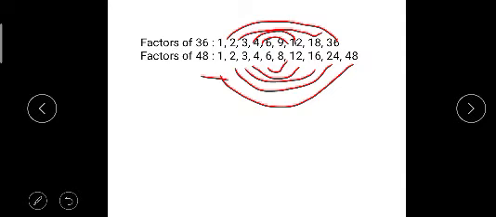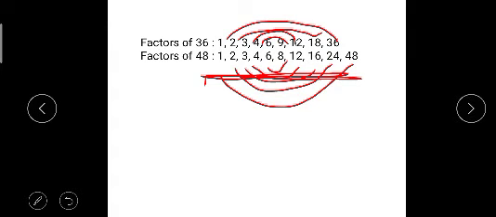Okay, so in this way, all these numbers divide 48. We can use any of these numbers to divide it, so we call them factors.